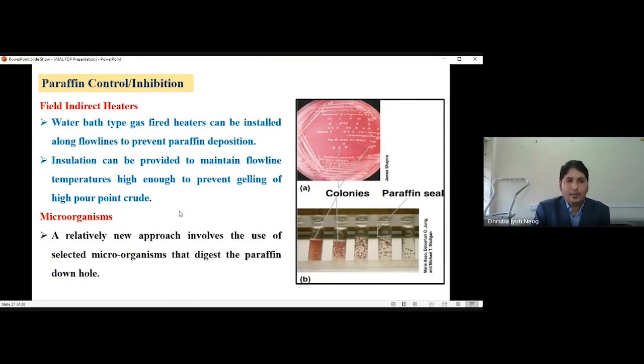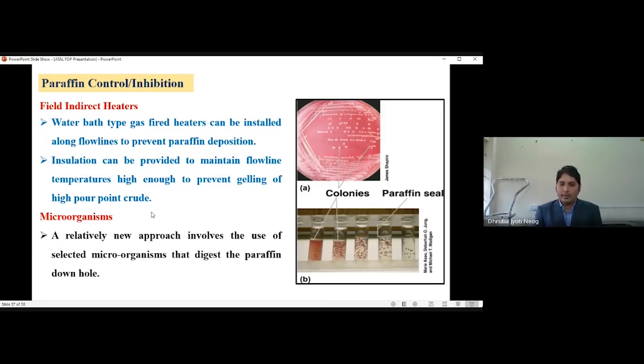Indirect heaters may be applied as well in order to contain the issue of paraffin deposition, like water bath type gas fired heaters, which can be installed along flow lines to maintain the temperature high enough to prevent gelling of high pour point crude.